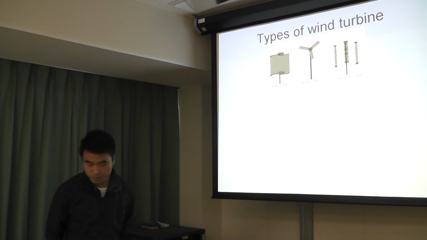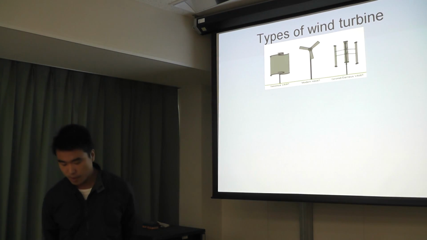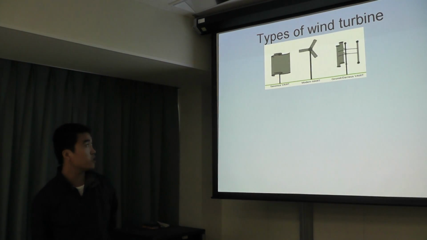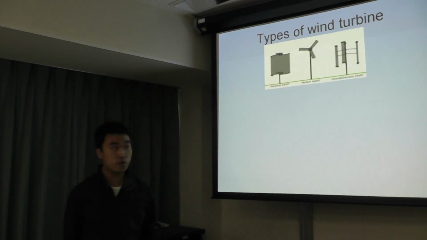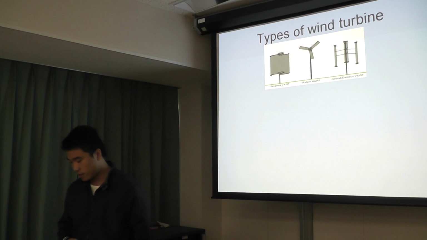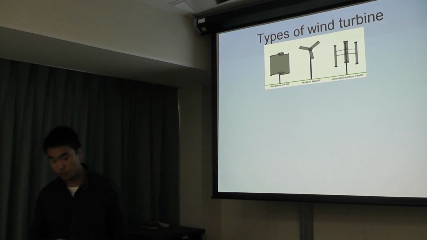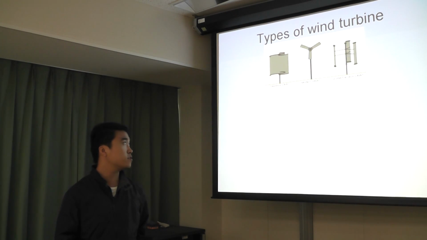Next, I'd like to talk about the types of wind turbines. As we all know, we use wind turbines to convert kinetic energy from the wind into mechanical energy. There are three types of turbine which have been widely used and developed over thousands of years.